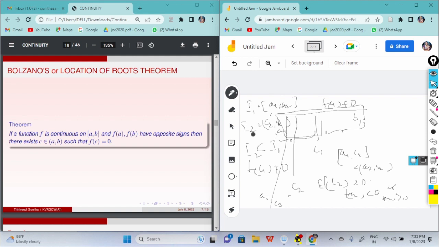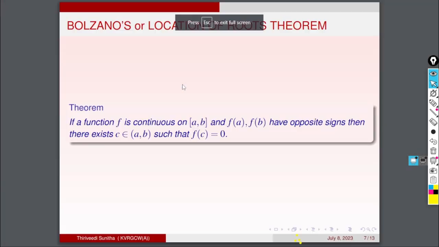So the I2 interval is a subset of the I1 interval. Like that I will continue up to the In interval where f(c_r) is equal to 0. If f(c_r) is not equal to 0, again I will follow the same rule until that c is found. See this.